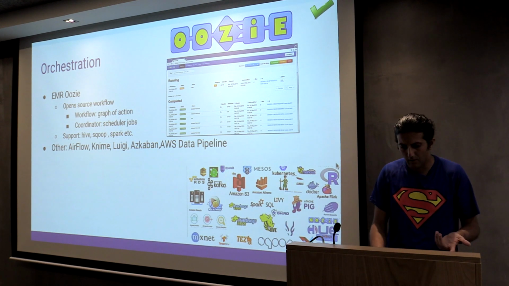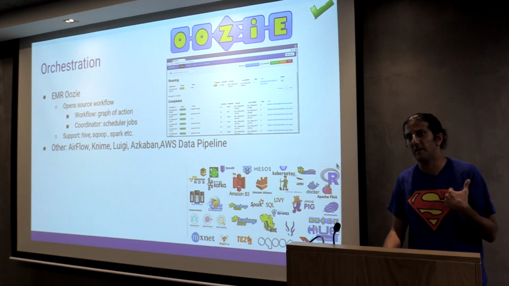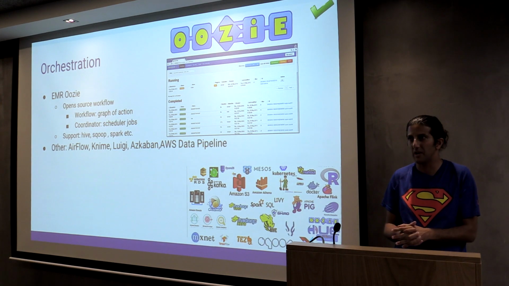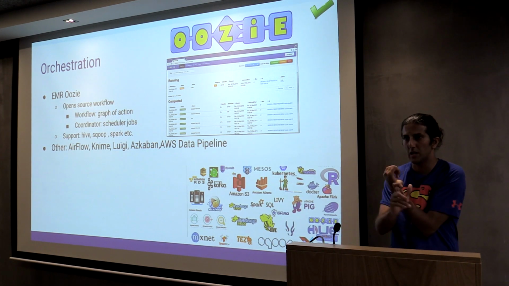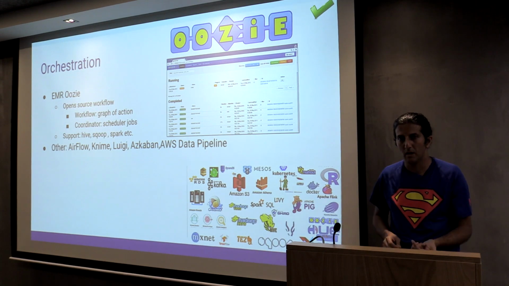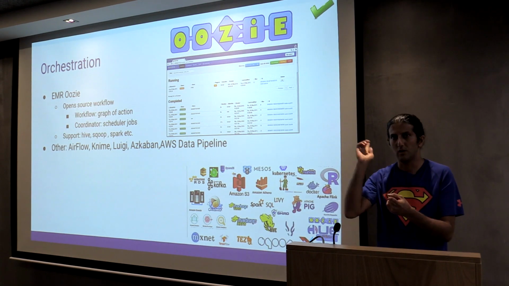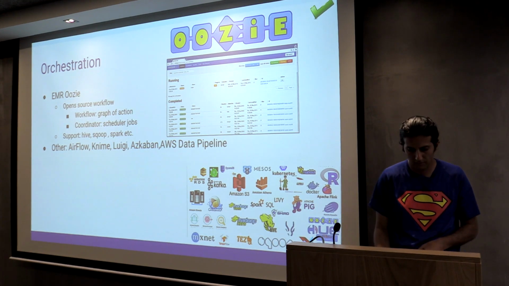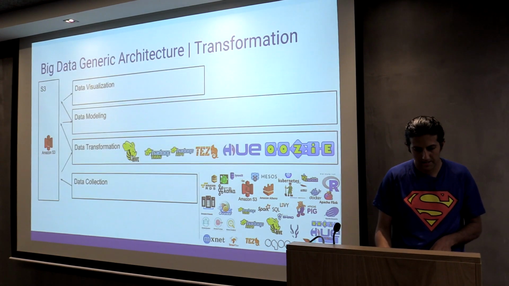They each have their own advantages and disadvantages. The reason we chose Oozie in the beginning was because it has both GUI capabilities, drag and drop, and an API, you can send requests from code, and you can do it from the command line as well.